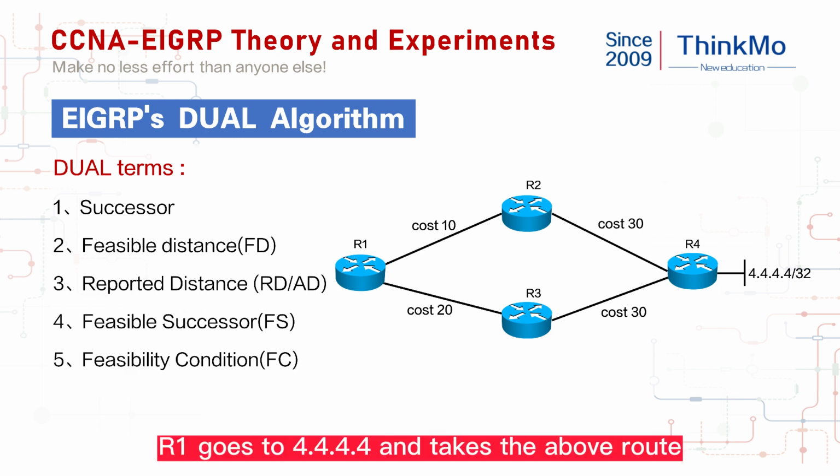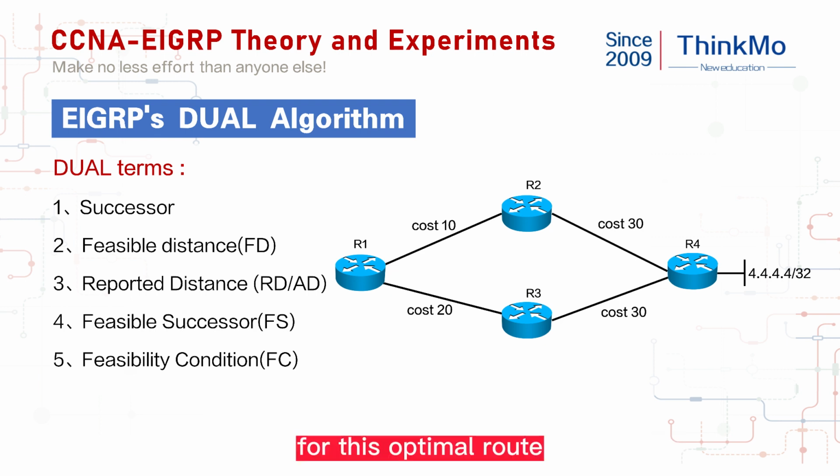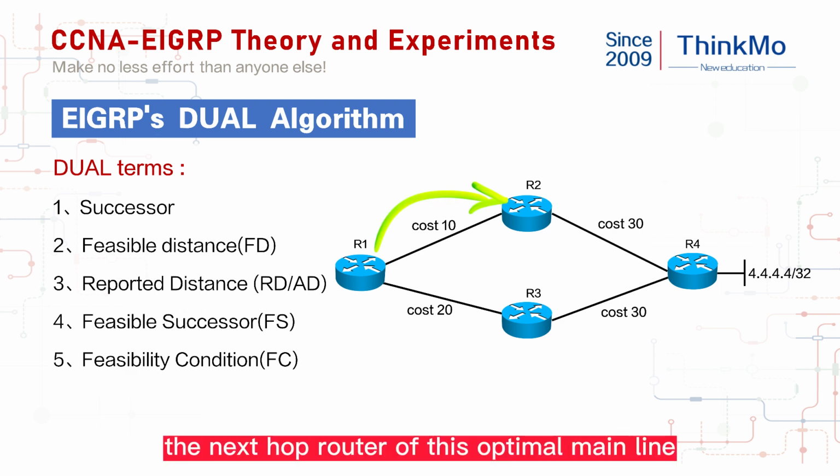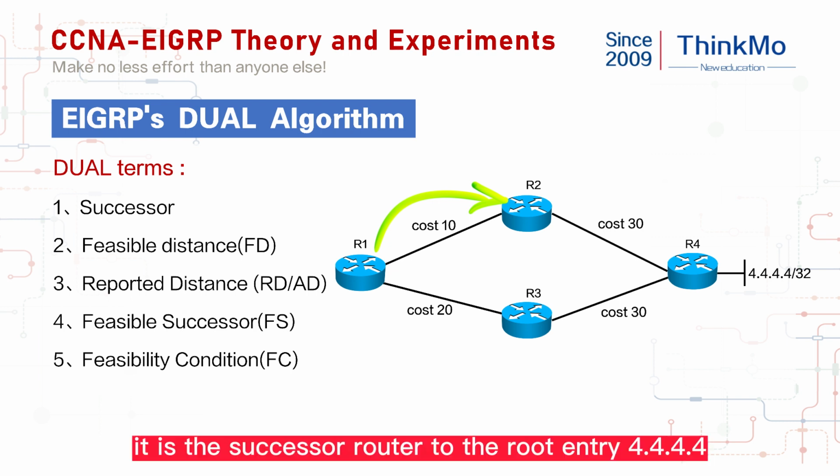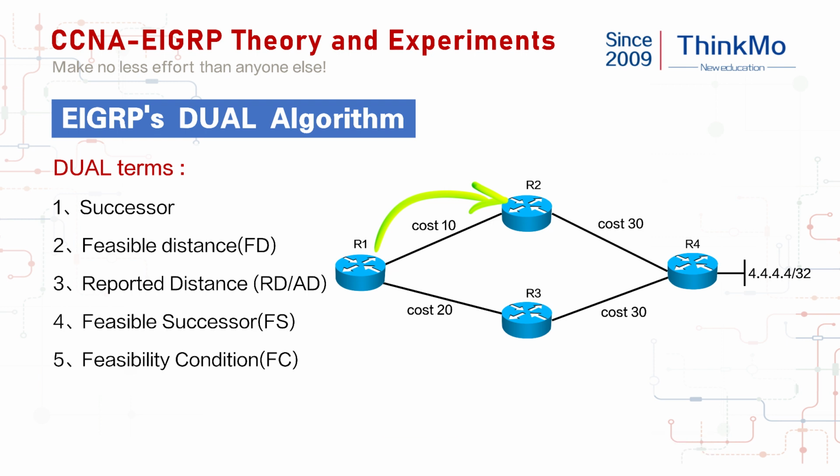R1 goes to 4.4.4.4 and takes the above route. For this optimal route, the next hop router of this optimal main line is the successor router. R1, if going to 4.4.4.4, gives traffic to R2.